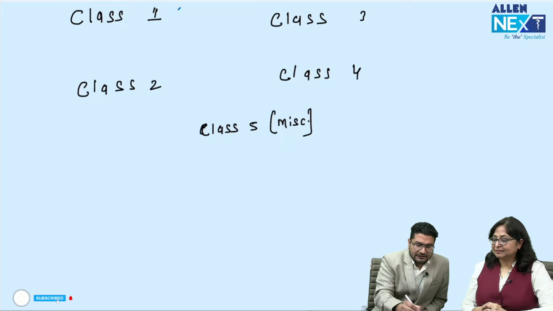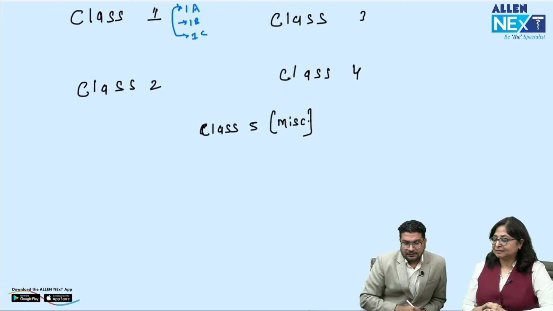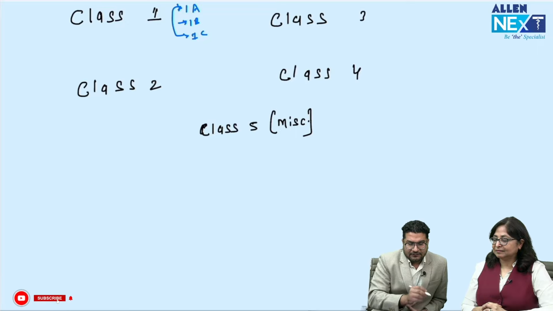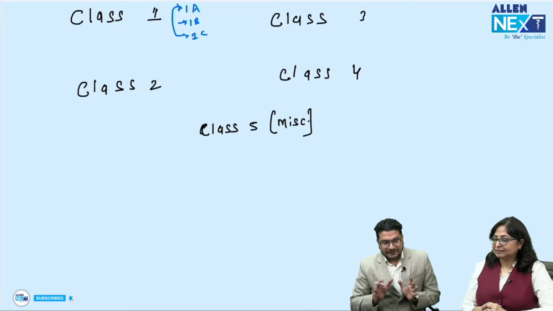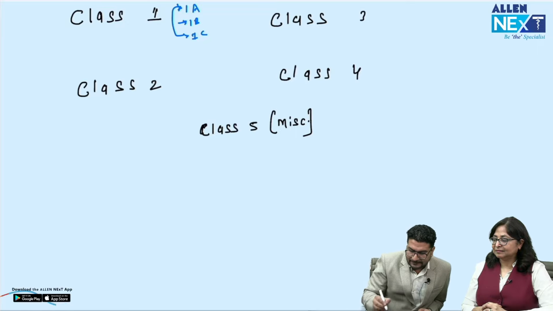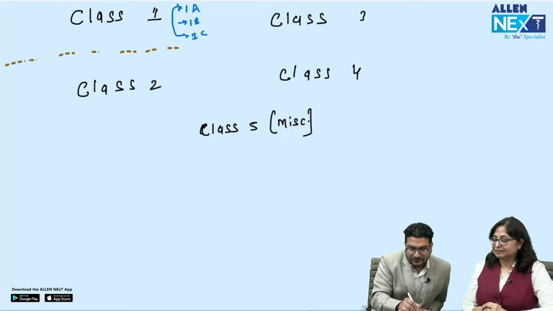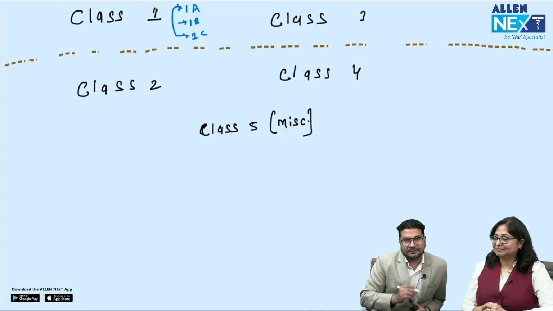Now in class 1, we have 1A, 1B, 1C. Understand why I have written this, to make it very simple. Understand 1 and 3, what type of numbers these are: odd numbers.